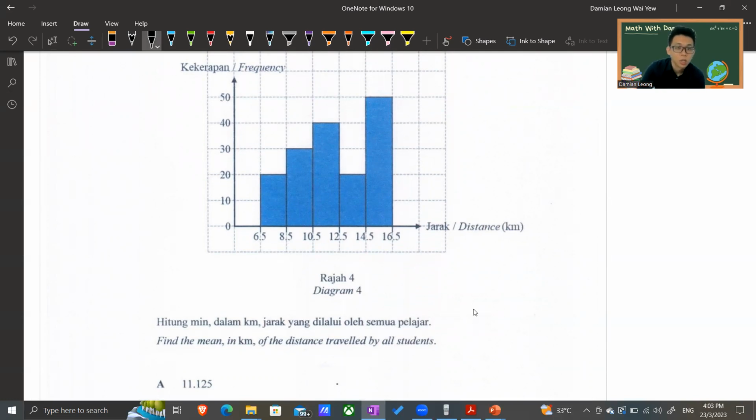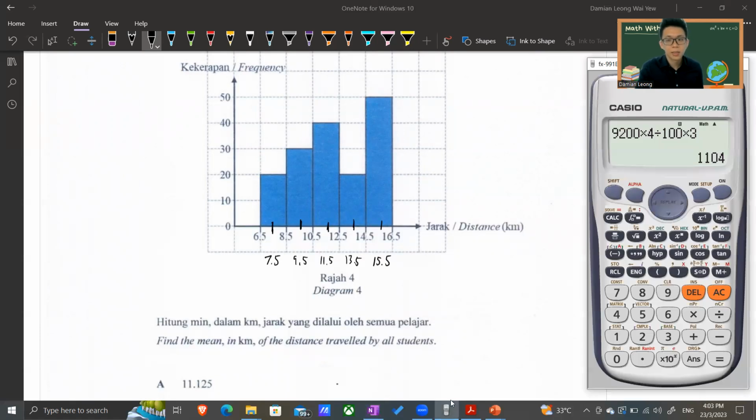So to find the mean, I need to use the midpoint. Midpoint is very easy. Just add the lower and upper boundary together and then divide by 2. So it is 7.5, 9.5, 11.5, 13.5, and 15.5.